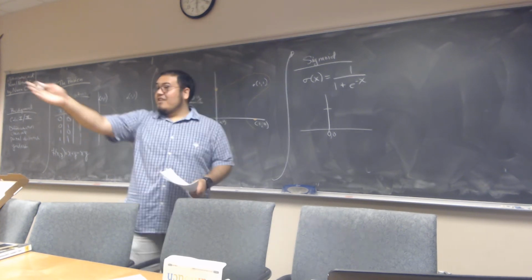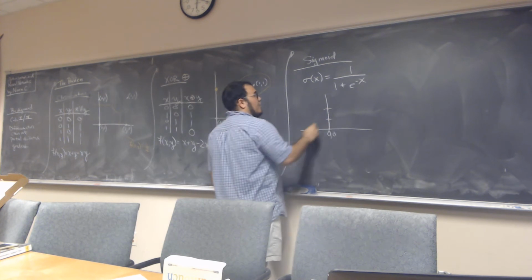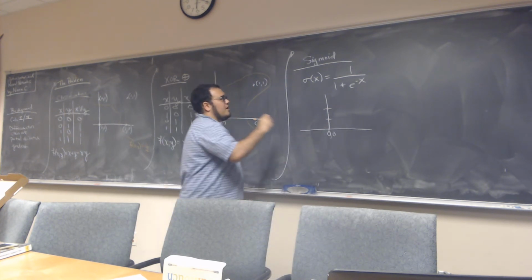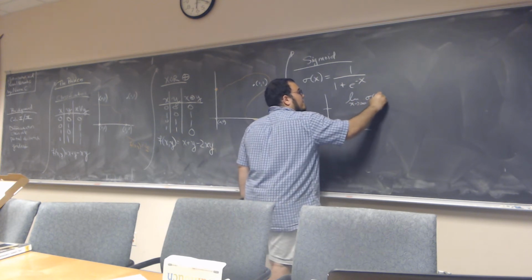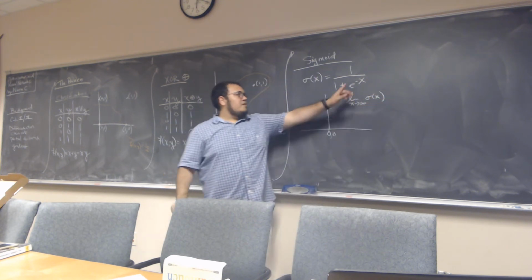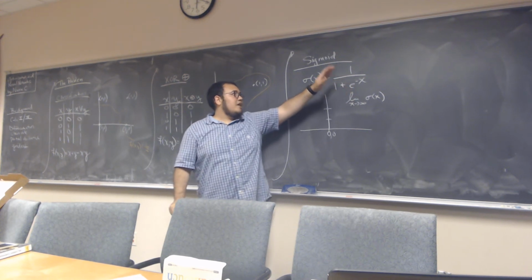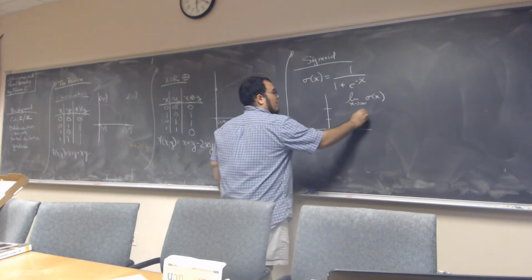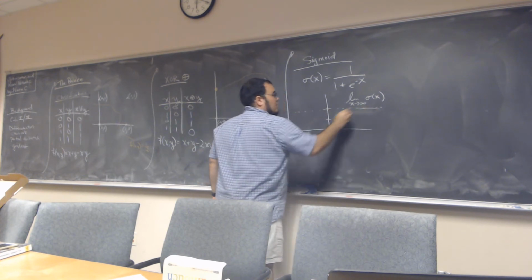Let's look at what happens at the infinities. We take the limit as x approaches infinity of sigma of x. What happens to e to the negative x? It diminishes to 0, and then we get 1 over 1, which is 1. So we have asymptotic behavior in this direction.